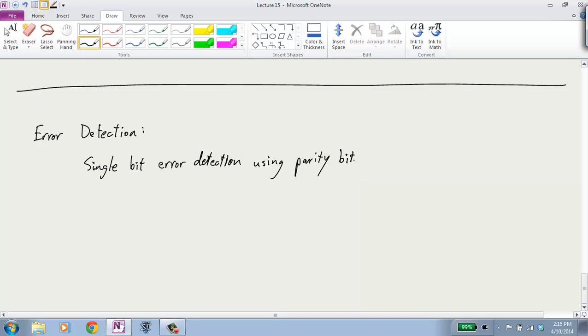Let's say we have 7 bits of information, and we want to make the last bit in our byte a redundant parity check bit. So we have something like this: 0, 0, 1, 0, 1, 1, 1. Here's our information. And the parity check works like the following. You set the parity bit so that the number of ones is even.